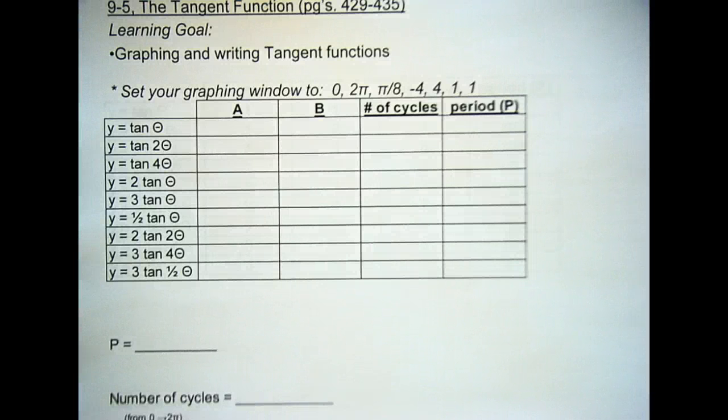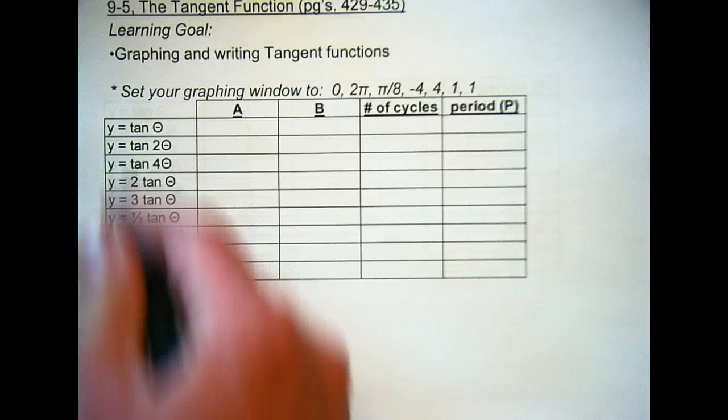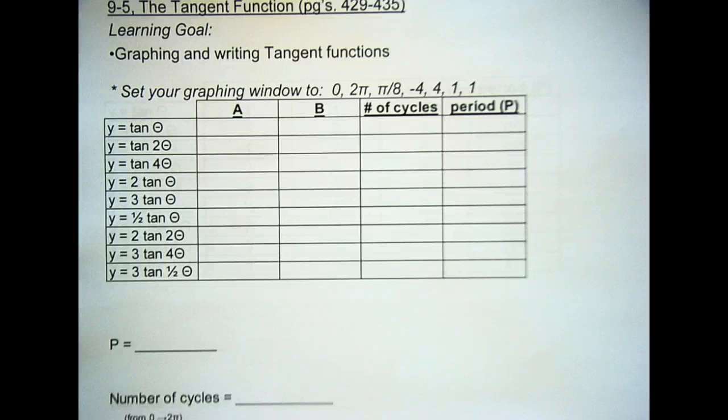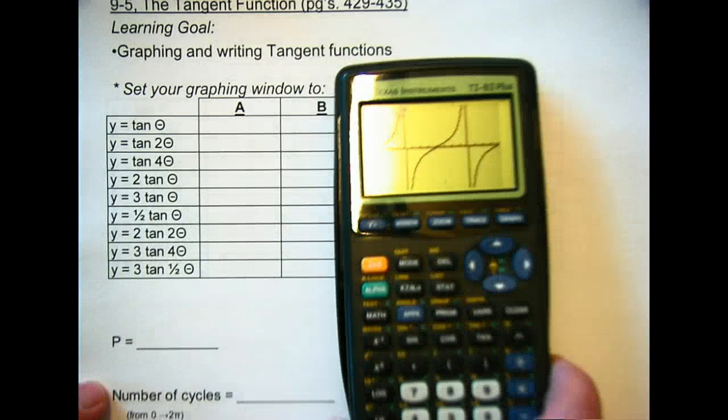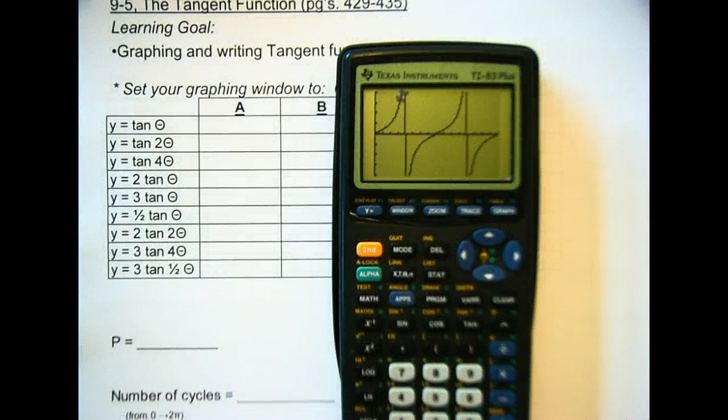It is different. In fact, your tangent graphs are going to look a lot different. So right now, let's go ahead and put y equals tan theta in, graph that one, fill that out, and then keep going all the way down. Someone that has a TI-83, after you get y equals tan theta in, can I see your graph, please? Those of you who have an 84, your graph's going to look different than that.